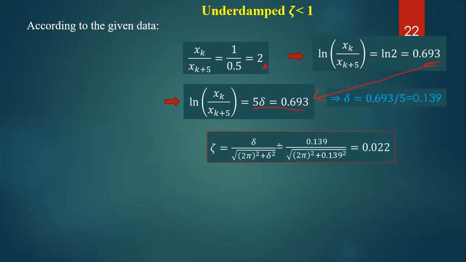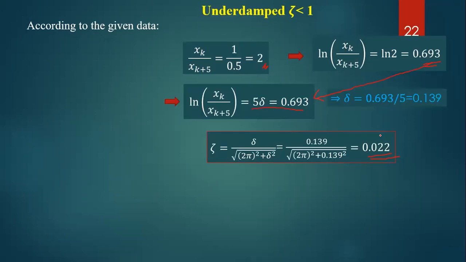Once we know delta, we have this relation: zeta is equal to delta over radical of 2 pi as a whole squared plus delta squared. Substituting this, we can get the zeta value. This implies an underdamped case in which the zeta value is very small. So this is all about the underdamped vibration case.